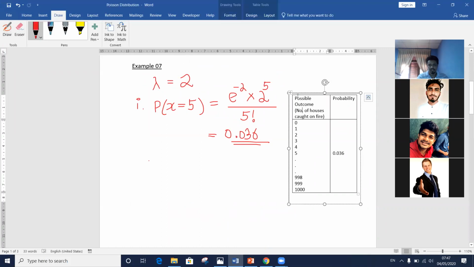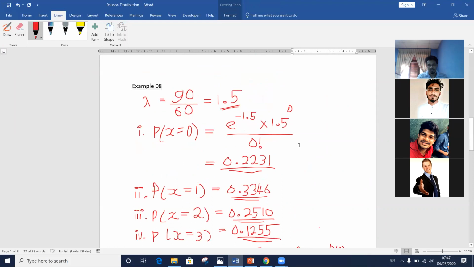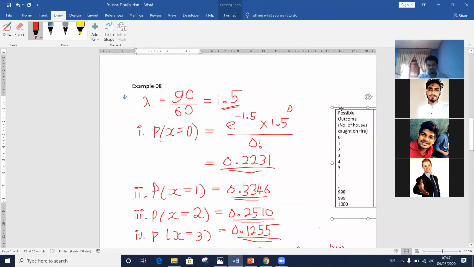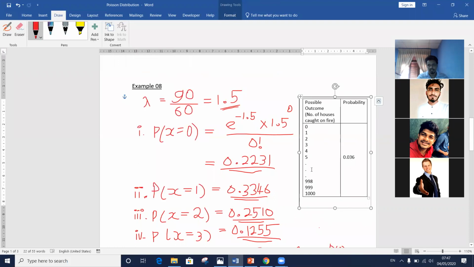If I consider the same here, if I consider this one here as well, right? Now the possible outcomes are not number of houses, number of calls per minute.